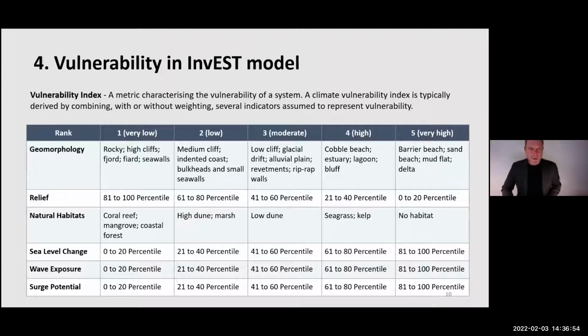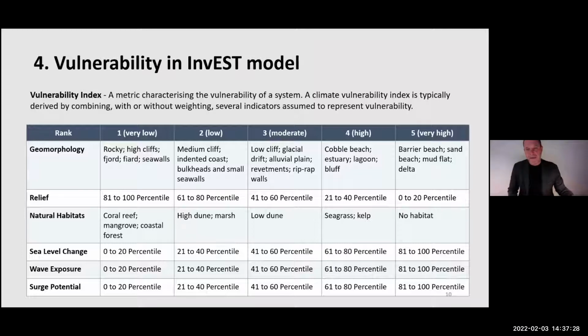So I am just summarizing here in this matrix the ranks. We have physical vulnerability, remember, on geomorphology. We also have the natural habitats. We talked about how they are relevant for risk, sea level change, of course, wave exposure and surge potential. Those are the variables used in the model.